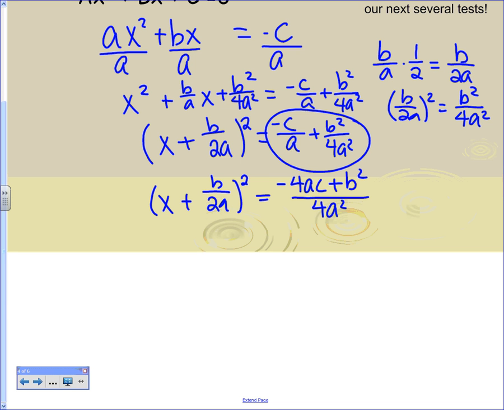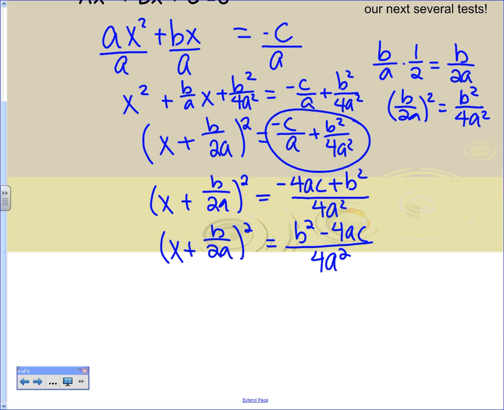And then you already have 1 here, so you just add 1 more a up here. You just combine into fractions. Can you think of a better way to write this negative 4ac plus b squared? B squared minus 4ac. Do you remember that in part of the quadratic formula?